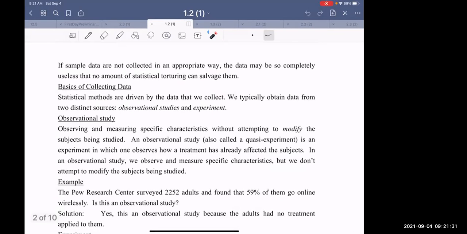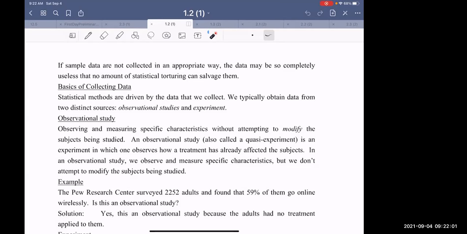I guess I should say this. If sample data are not collected in an appropriate way, the data may be useless. So we will be assuming throughout this course that the sample data has been collected in an appropriate way, and we'll actually be assuming it's a particular collection method, simple random sample.